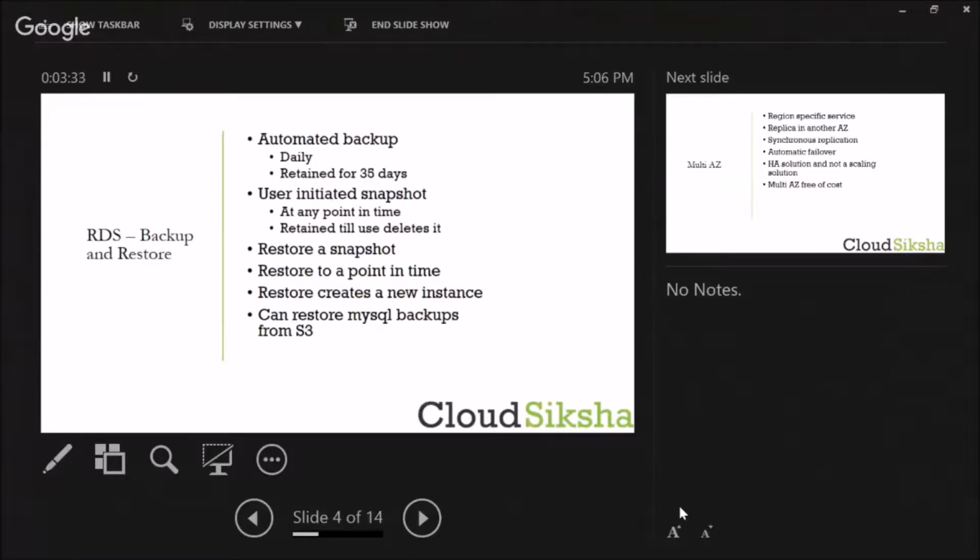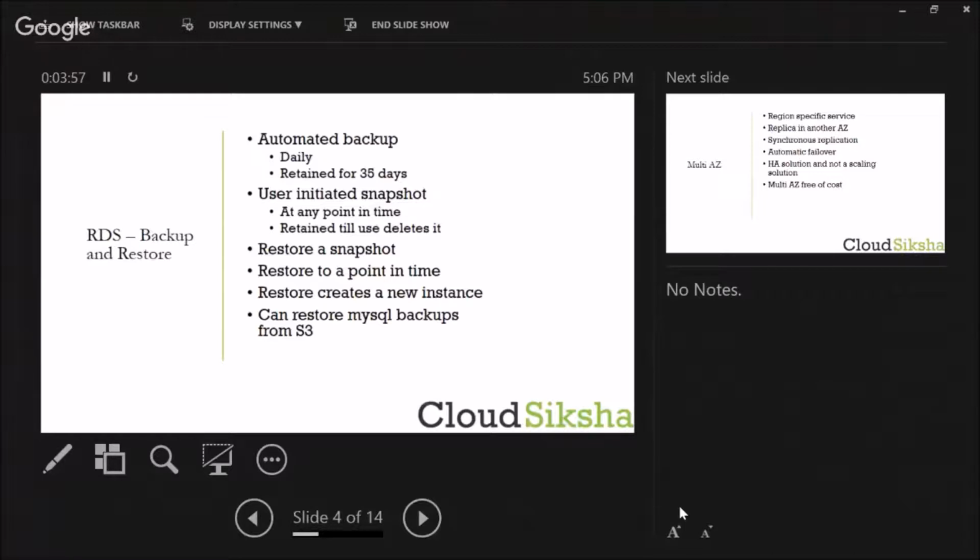So they take the snapshot of the database. Where do they store these snapshots? They store these snapshots in S3. Therefore, you will have a high level of durability of your snapshots, or your backup is very highly durable.